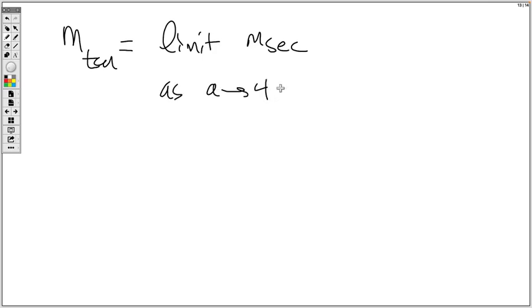Is that if I want the slope of the tangent line, I can take the limit of the slope of the secant line as a goes to 4. All right.